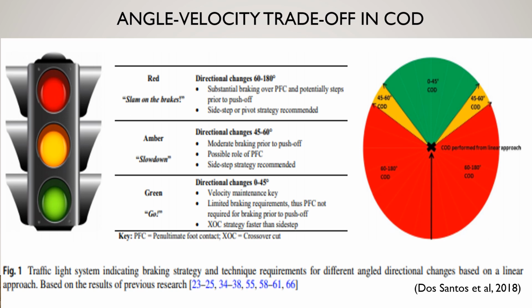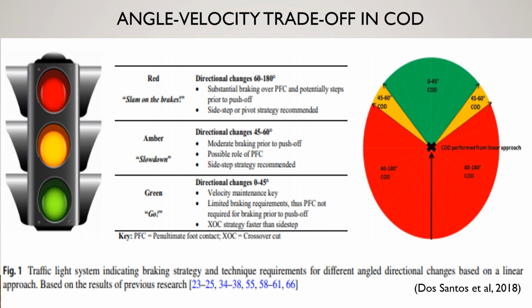And then anything under 45 degrees of change, there's going to be fairly limited braking requirements. Okay, so there might be some crossover cutting strategy within the sidestep or after the sidestep. But ultimately, maintaining the actual velocity is going to be one of the key components here. And you should be able to maintain a relatively high level of velocity when changing below 45 degrees.